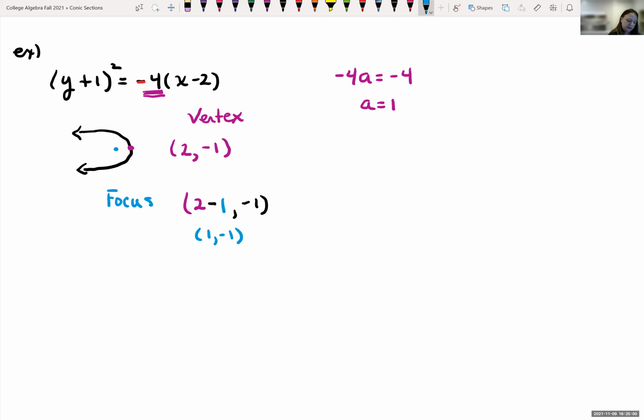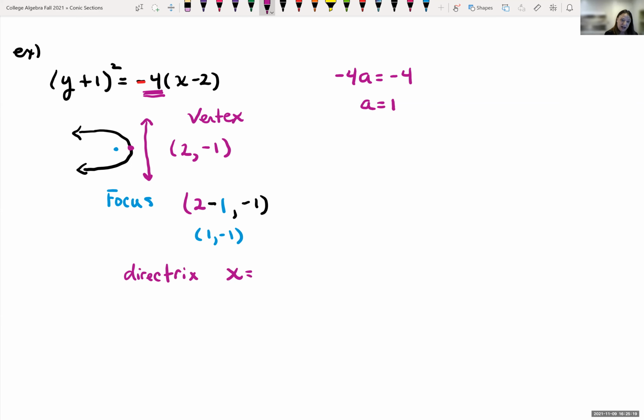My directrix, well, that has to be a vertical line, and so it's x equals something.